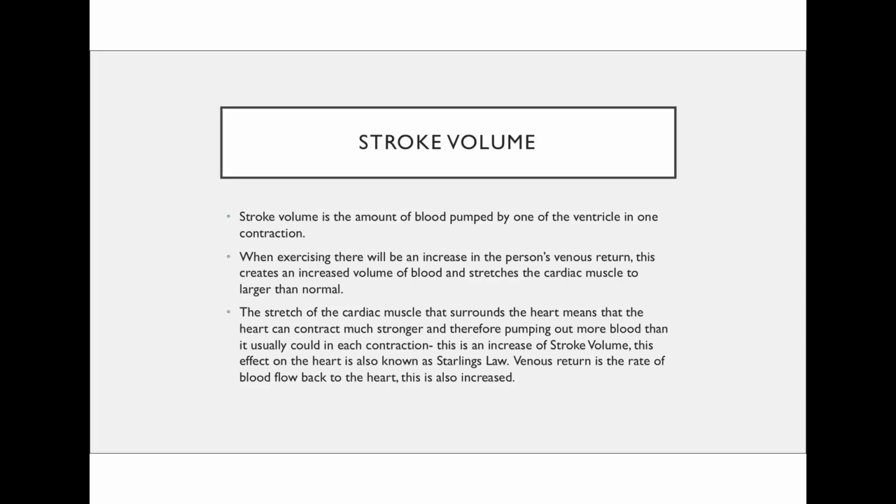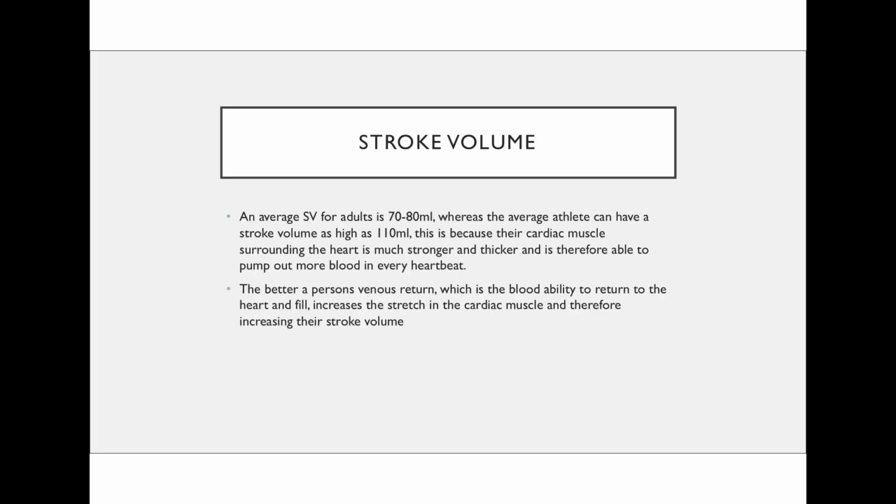This effect on the heart is also known as Starling's law. Venous return is the rate of blood flow back to the heart. This is also increased. An average stroke volume for adults is 70 to 80 millilitres, whereas the average athlete can have a stroke volume as high as 110 millilitres.